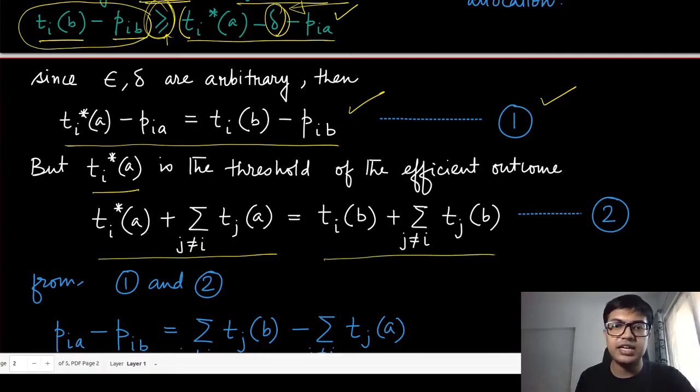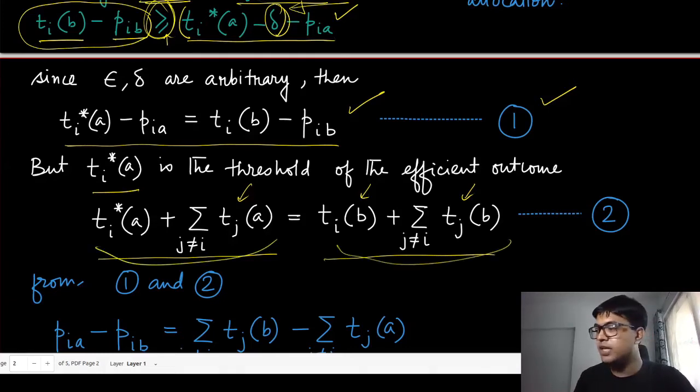Because for Ti star, we are holding all these types exactly the same, and Ti star A was the point beyond which, if your type, the type of player i at allocation A, goes beyond this point, then of course this part will become larger than the other part, and therefore the efficient outcome will start becoming A. And if it is smaller than that, then this becomes larger, so therefore the outcome will be B. So this equality should get satisfied, and this is by definition of Ti star A.